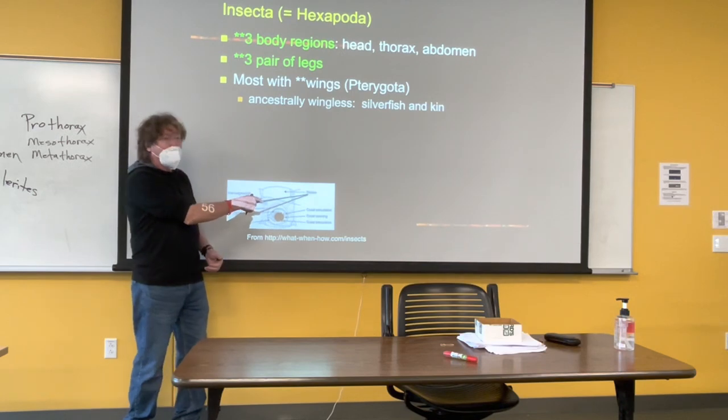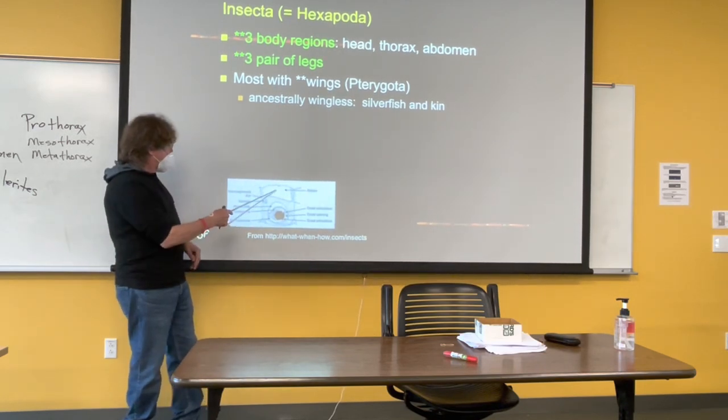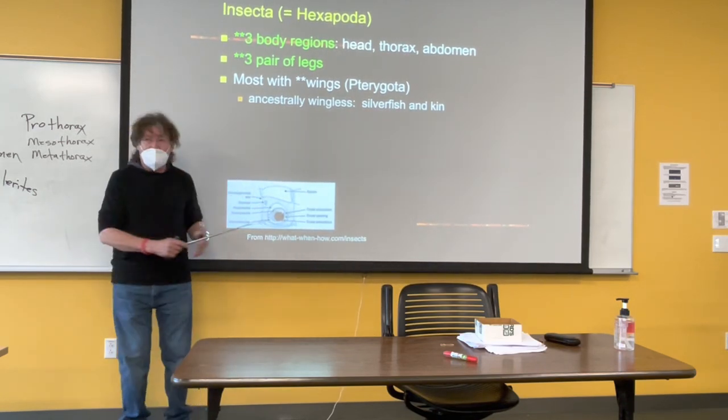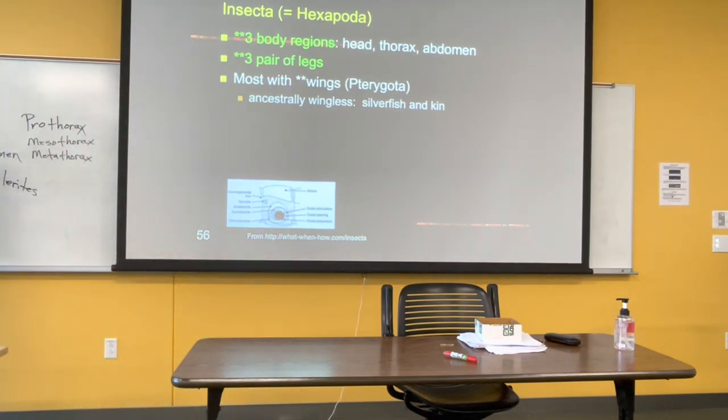Now this is called a notum. It's another word that still means the same thing. But the dorsal plate is called a tergum, dorsally, and then ventral is a sternum. And that's pretty typical of most arthropods for every little segment.